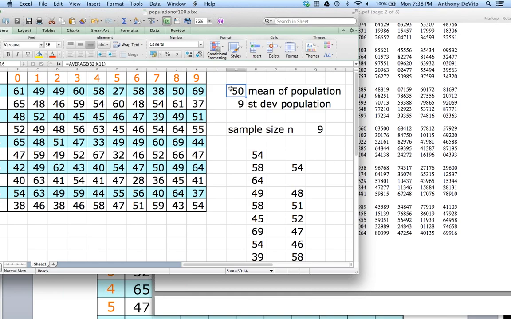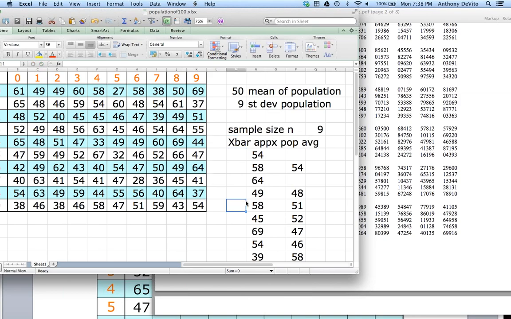Now, if I told you, based on that rule that I gave you before, the rule that we discussed, the central limit theorem, one of the things that I said was that if you took repeated samples, many, many samples from a population, the average for your repeated samples is going to approximate the population average, right?